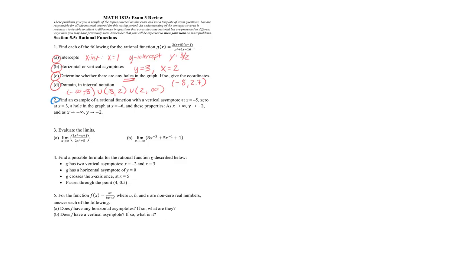We know that we get a vertical asymptote whenever we have some number over 0. The way we're going to account for this being negative 5 is that if I plug in negative 5 here, notice I'll get a 0, which means that this gives us the property of the vertical asymptote at negative 5.